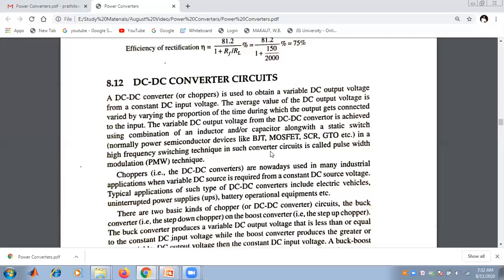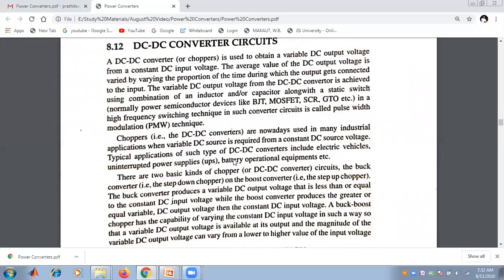The variable DC output voltage from a DC to DC converter is achieved by using the combination of an inductor or capacitor along with a static switch, that is the power semiconductor devices like BJT, MOSFET, SCR, GTO. The high frequency switching technique in such converter circuits is called pulse width modulation technique.